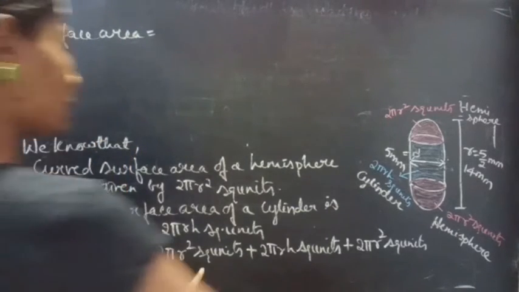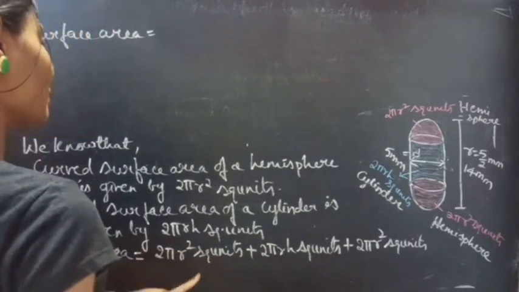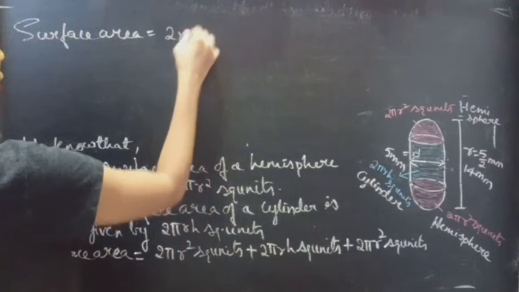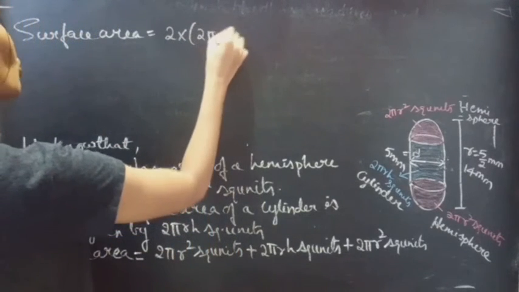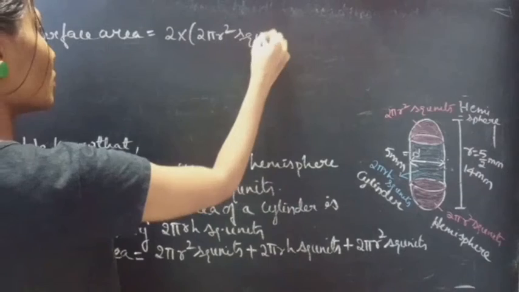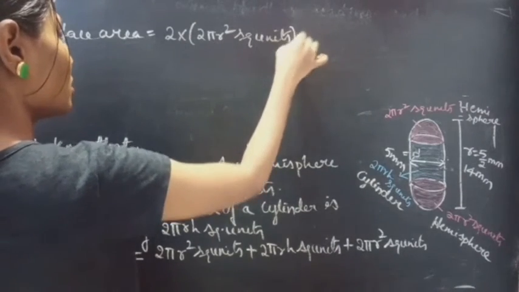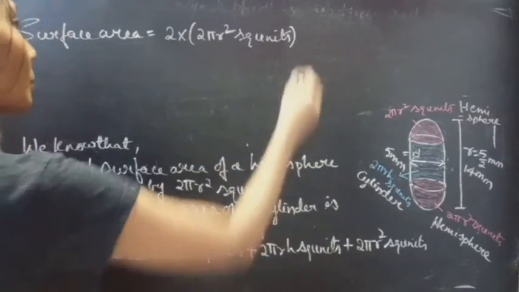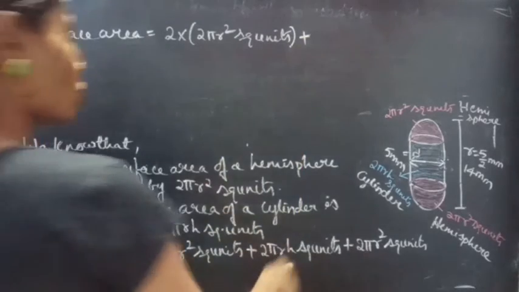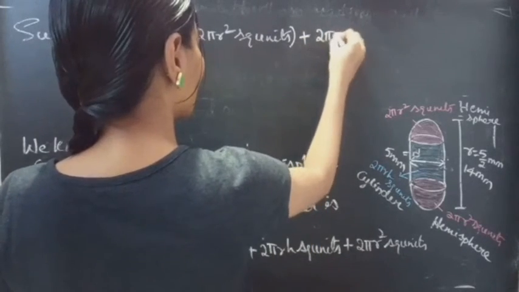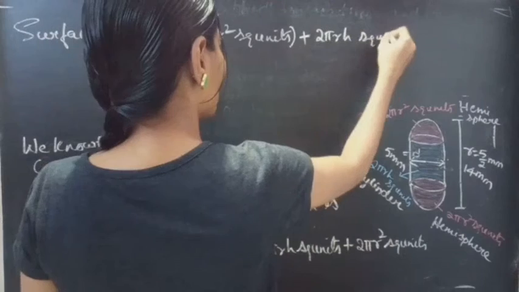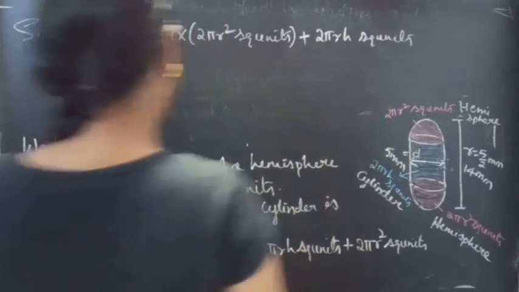So you can write it as 2 times 2 pi r square units plus 2 pi r h square units. Fine.